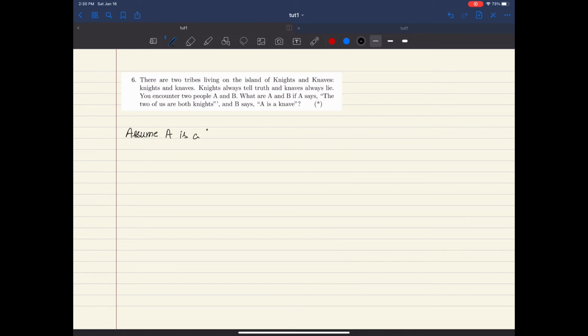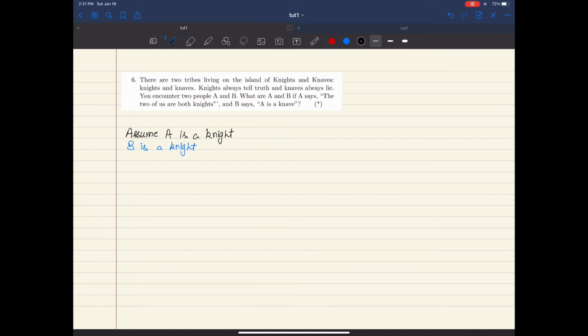So, assuming A is a knight, the statement "two of us are both knights" is true, which implies B is a knight as well. And since B is a knight, B's statement should also be true, which is A is a knave. That is a contradiction right there. So we change our assumption.